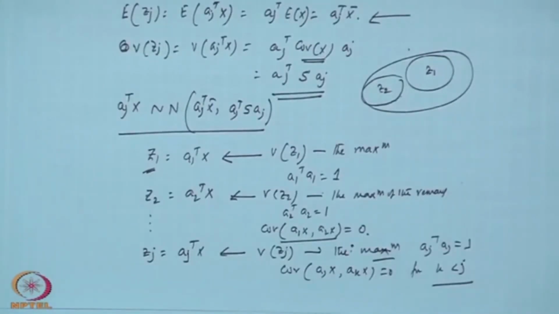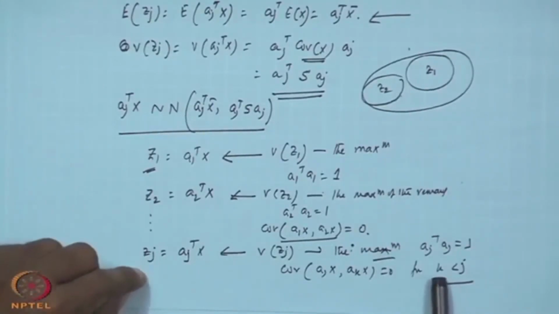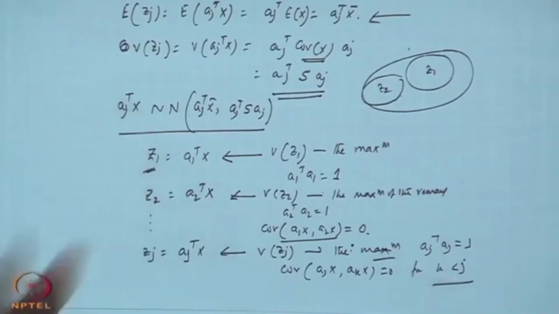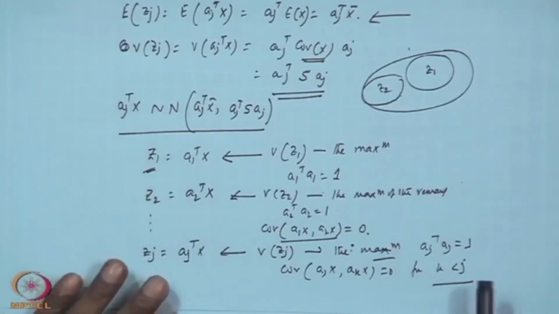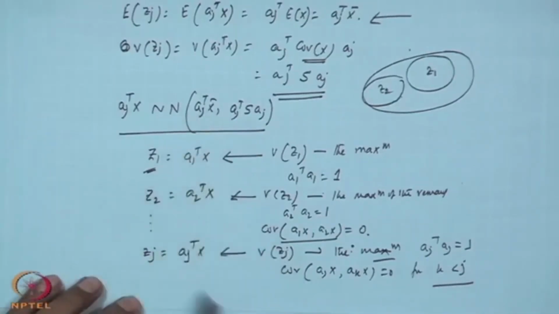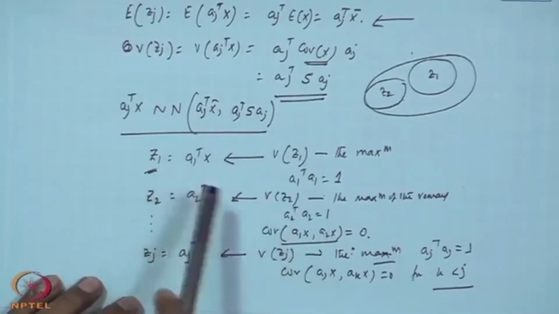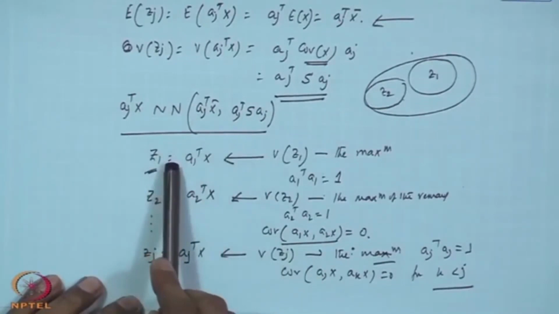Why k less than j? What I am saying is k can be 1 to j minus 1. So, when you are extracting, please keep in mind these are the principles.